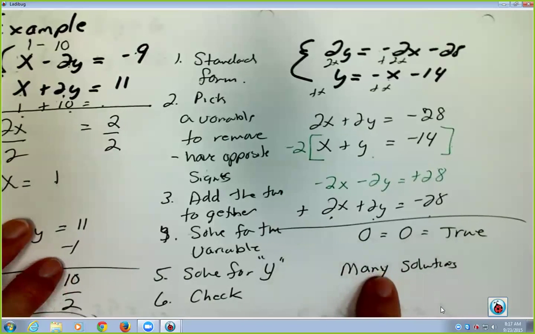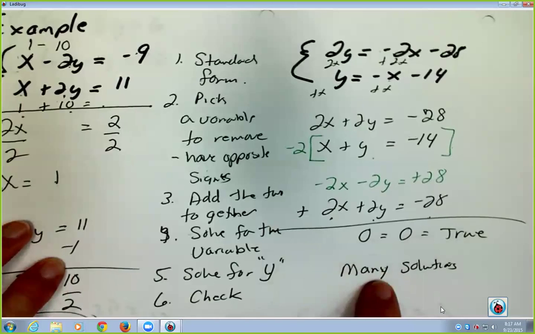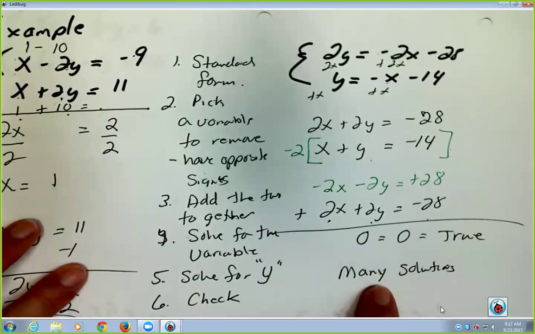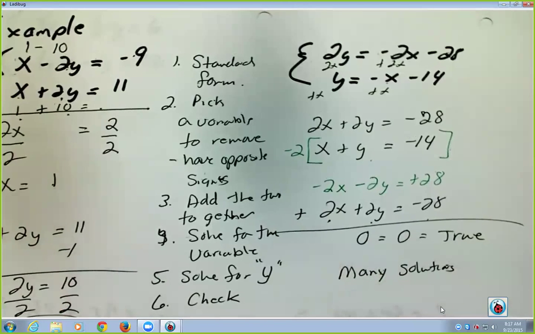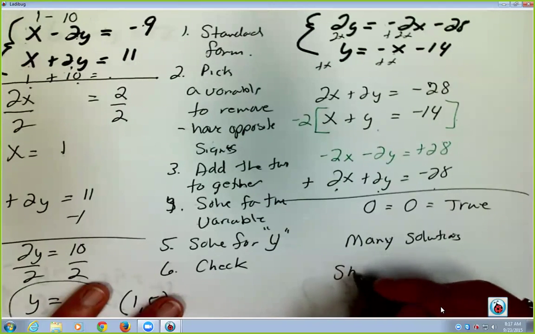Because if we graph this on our graph with the graphing calculator, what would happen to these two lines from 8.1? I put on my calculator and I looked at those on a graph. What would they look like? Well, they'd be the identical lines. So these are the same lines.